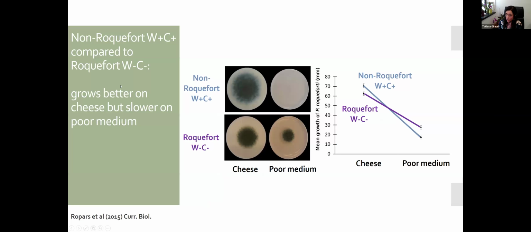We also found that the clonal lineage used for every blue cheese worldwide actually grows better on cheese, but slower on poor medium. So there has been a stronger selection than in Roquefort for metabolizing milk efficiently, but at the expense of growing less well in poor conditions.